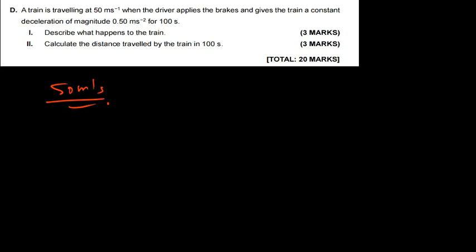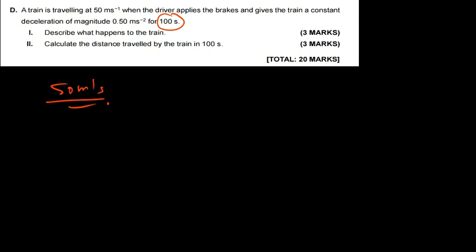It was about to stop, but it was not stopping, because if you check the time here, after 100 seconds, that's when it came to 0.5 meters per second. It was about to come to rest.